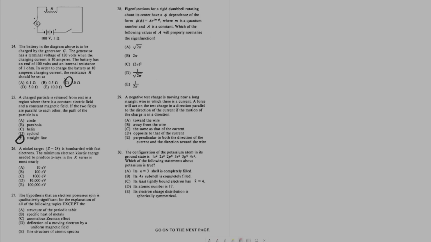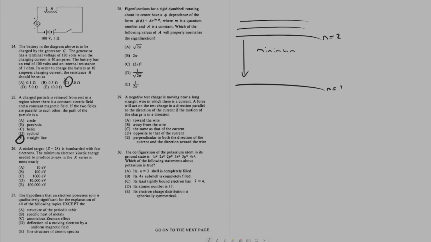All right, next problem. A nickel target is bombarded with fast electrons. The minimum electron kinetic energy needed to produce X-rays in the K series is most nearly. So, a little diagram never hurts. We'll just say some energy levels, and then down here I have n equals 2, n equals 1, and it's saying the minimum kinetic energy, so it would be a 2 to 1 transition for the minimum.